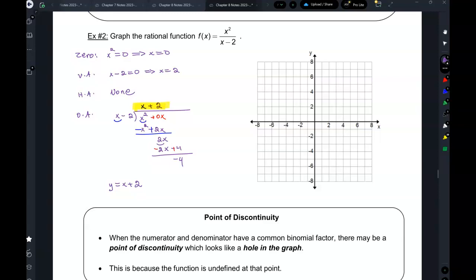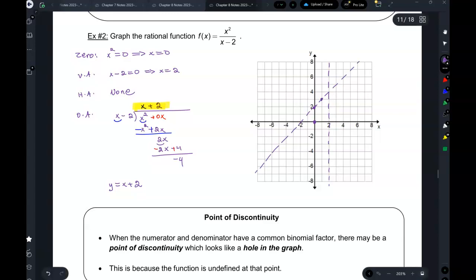Okay. Let's graph this. So x equals 0 is the zero. Vertical asymptote, x equals 2. Oblique asymptote, y equals x plus 2. We know exactly how to graph this, right? You've been graphing it since you were, I don't know, 5. Maybe not. But okay.